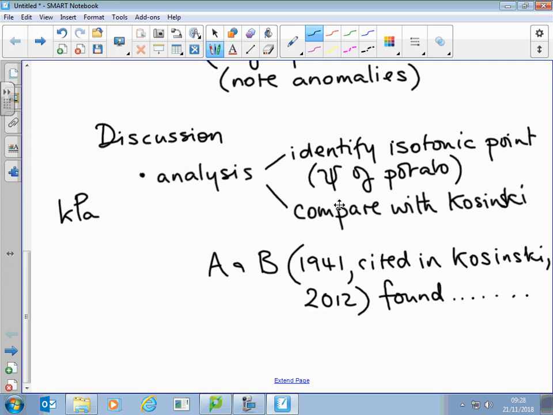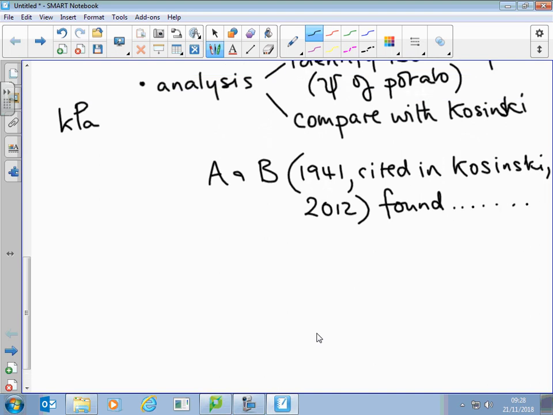And with that, you have to acknowledge that they use different techniques as well. So in here you can acknowledge differences. They use this technique, they use that.